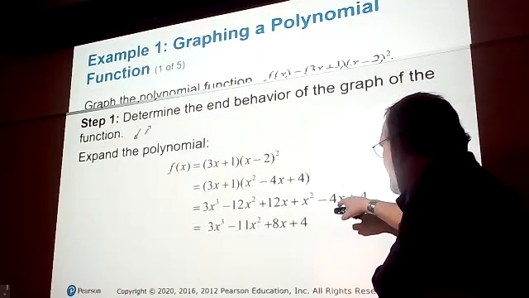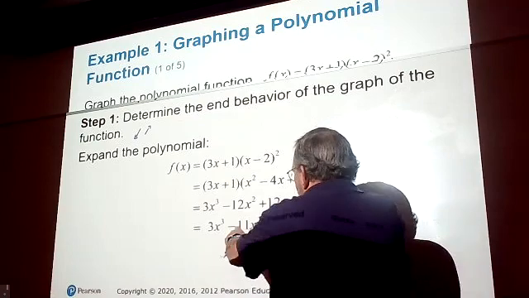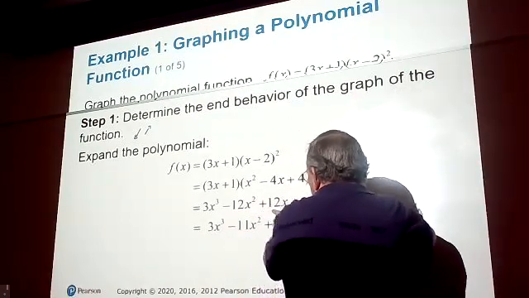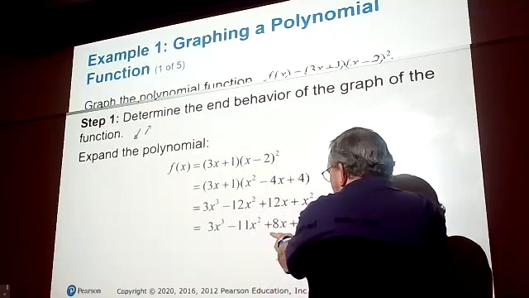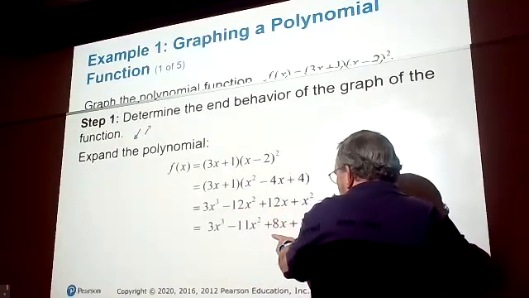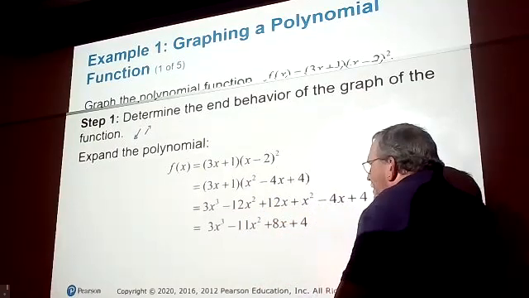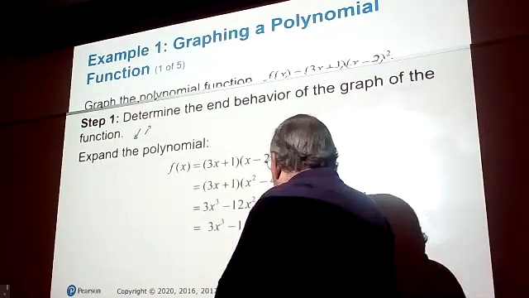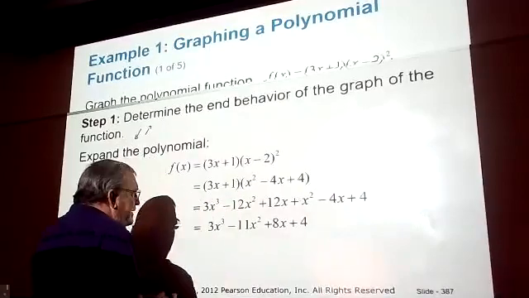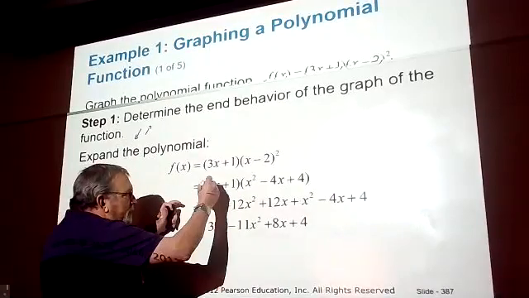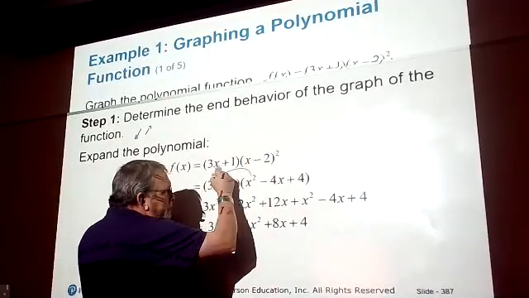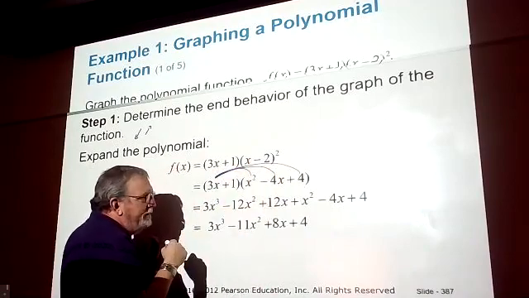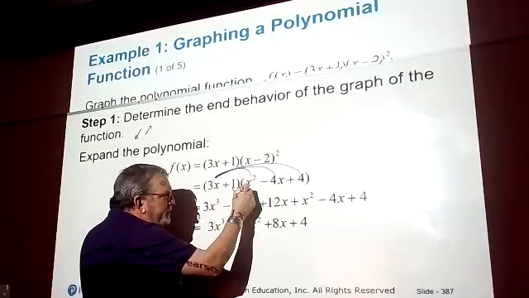Oh, they expanded it and then they combined the like terms. The negative 12x squared and the x squared, and then the 12x and the minus 4x. Make sure you do your multiplying correctly. What they did here was 3x times x squared, 3x times a minus 4x, and 3x times 4, and then 1 times x.